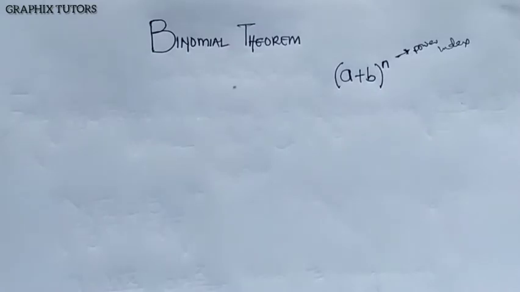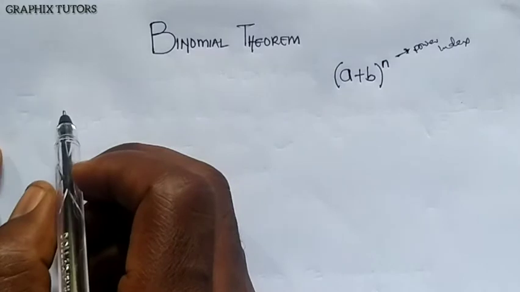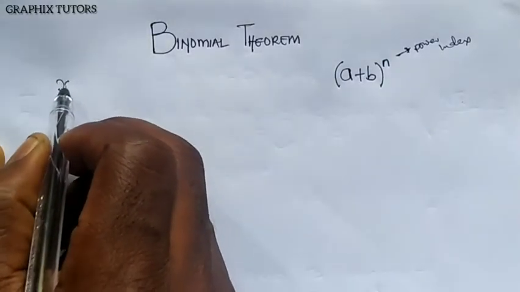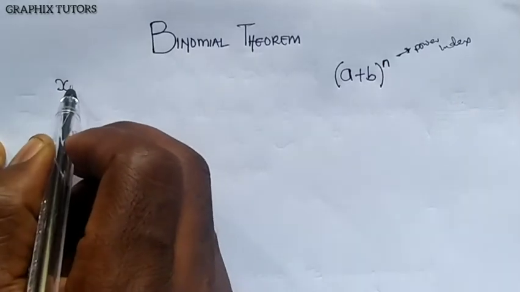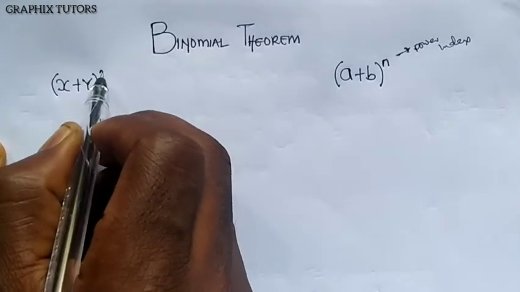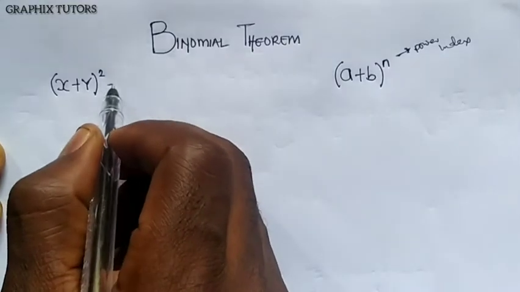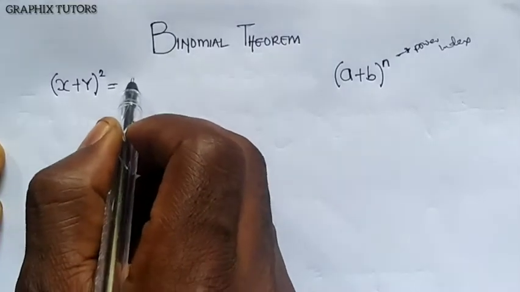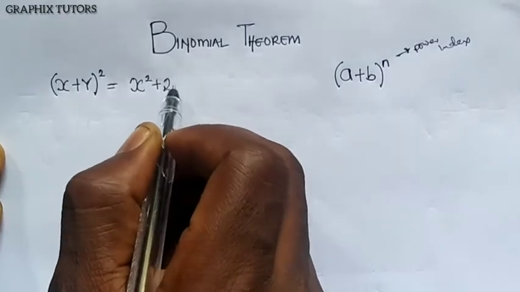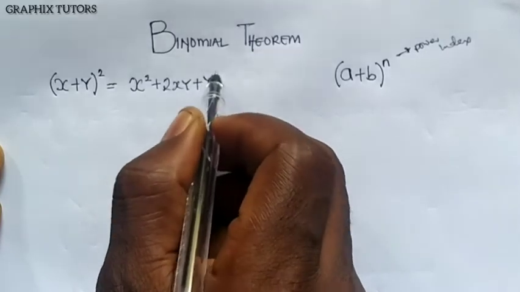Now, what we're looking at is when we have x plus y to the power of 2, which means my index, my power, is 2. If we expand this, we know very well that it will give us x squared plus 2xy plus y squared.